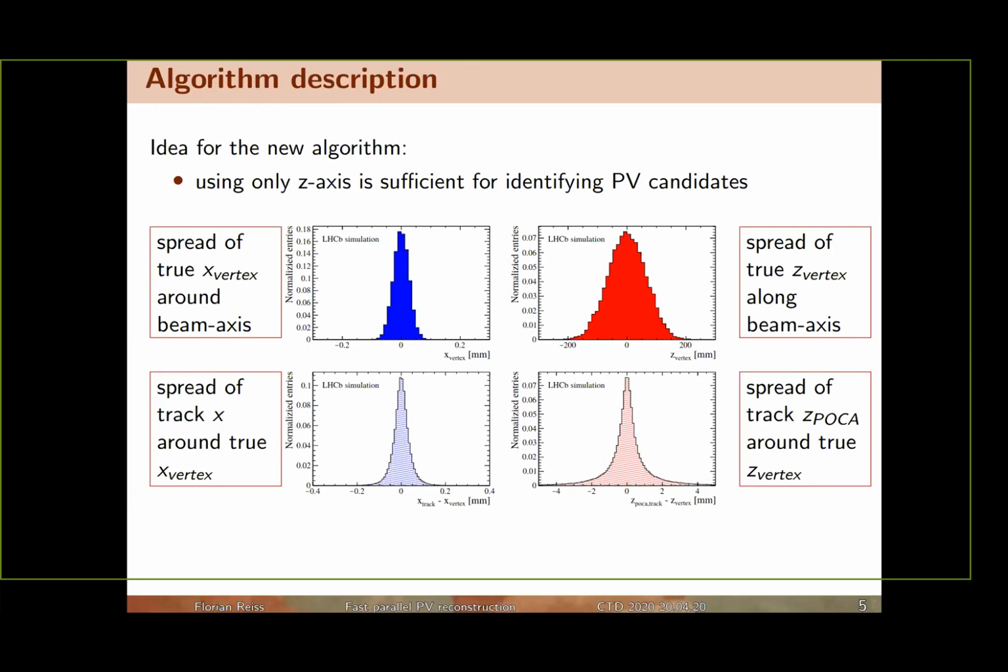Looking at X on the left, you have no chance to discriminate between different PVs. But if you look at the spread of a track around the Z position, it is much narrower than the distribution along the beamline, so you have a chance to identify different PVs.